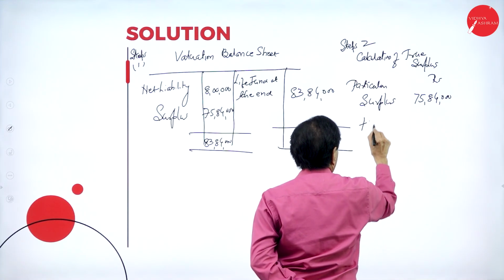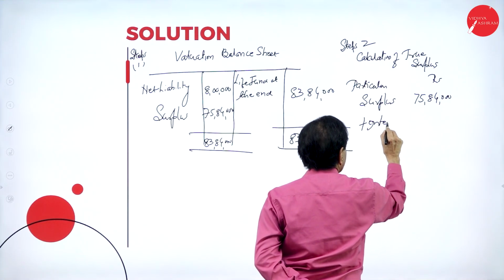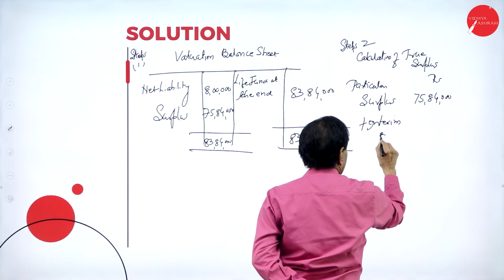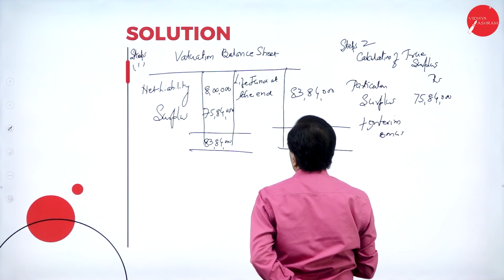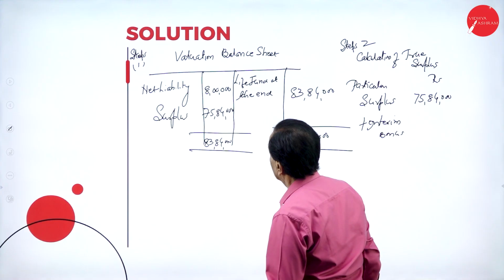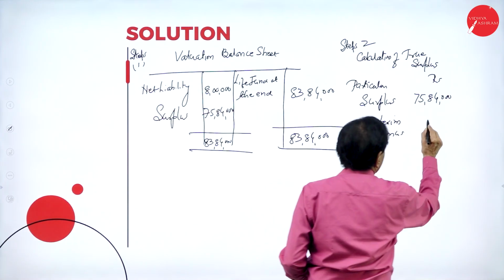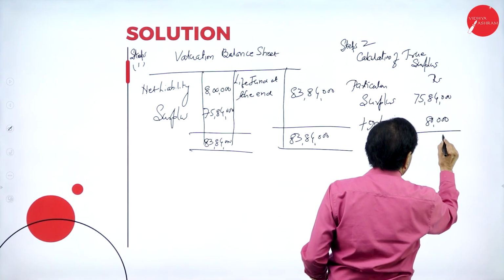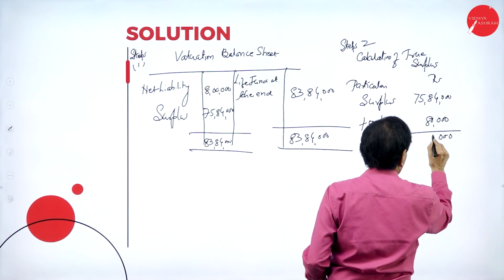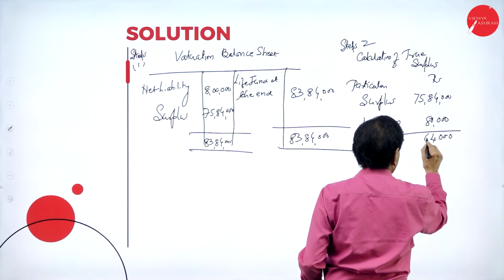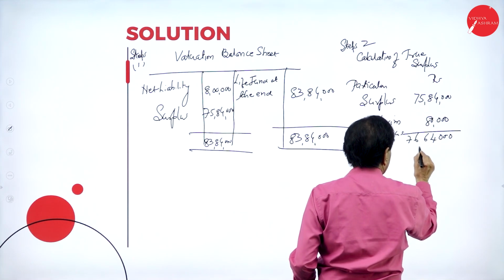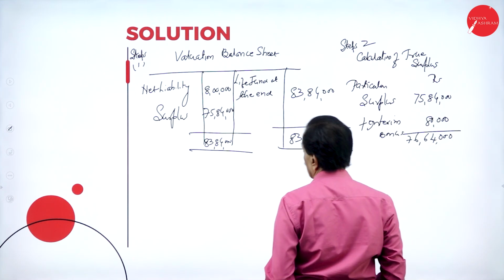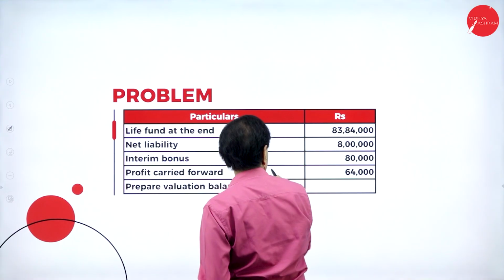plus interim bonus. What's your interim bonus now? 80,000. Add. 76 lakh 64,000. There is no dividend.